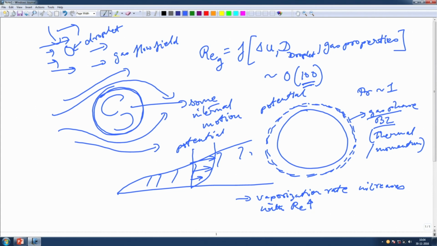So, it is basically a convection effect, it is not a diffusion effect, because if you recall earlier, how does the diffusive transfer happen? The vapors get from the droplet surface and form a layer of high concentration vapor around the droplet.